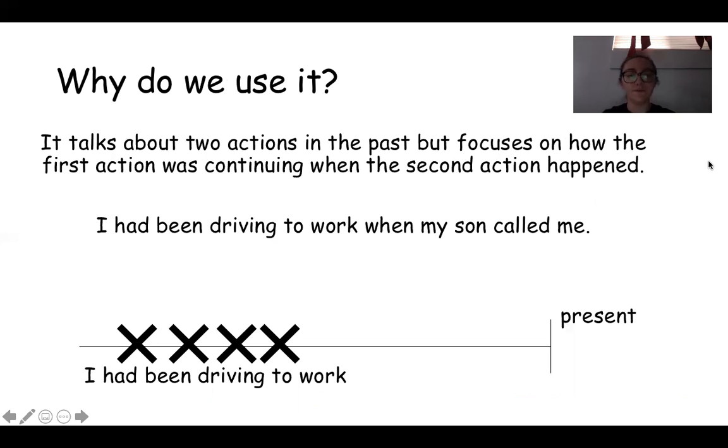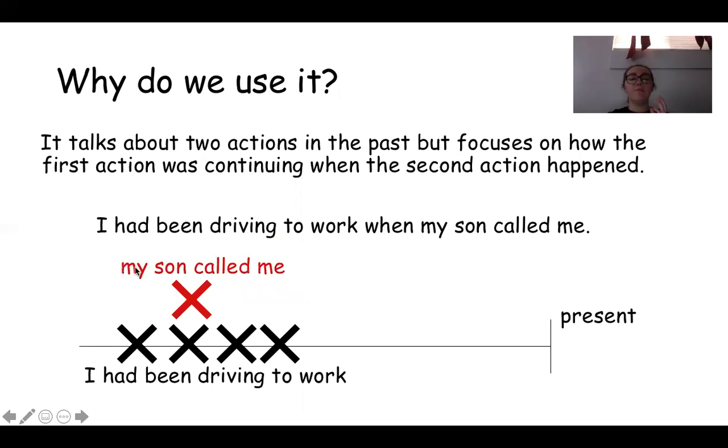So why do we use it? It talks about two actions in the past, but focuses on how the first action was continuing when the second action happened. I had been driving to work when my son called me. So think of this as like a timeline. Here is the present right here, and this is all the past. So I had been driving to work is all of these X's, right? Because it goes and goes. I had been driving, because I used driving, ing. Something in the past, I had been driving, so I kept driving.